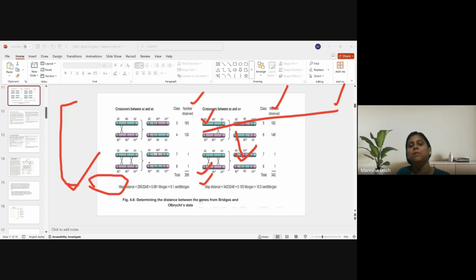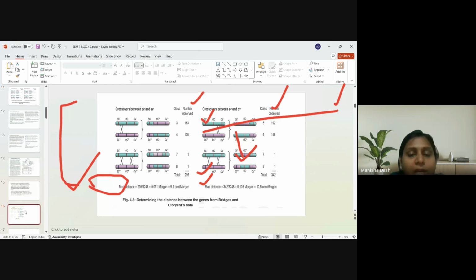But that does not give you the order of the gene. A single crossover is a bit hard to identify, but the double crossover we can find. So in order to find the order, you have to compare the sequence of the parent with the double crossover, as you saw in the earlier slide.